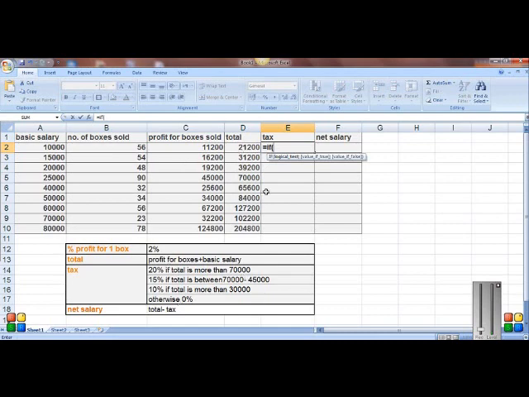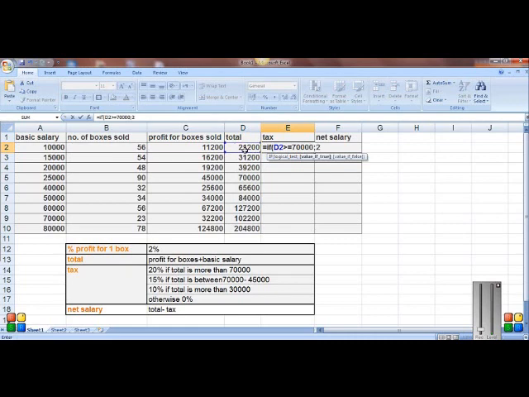This is the first part of the IF formula, which is the logical test. So now we will say that if the total is greater than or equal to 70,000, then the value if true will be 20% of the total.